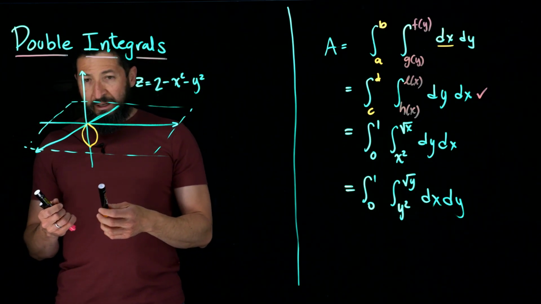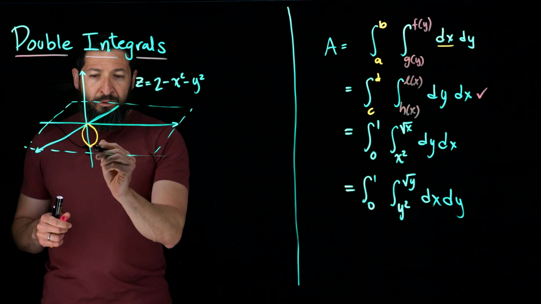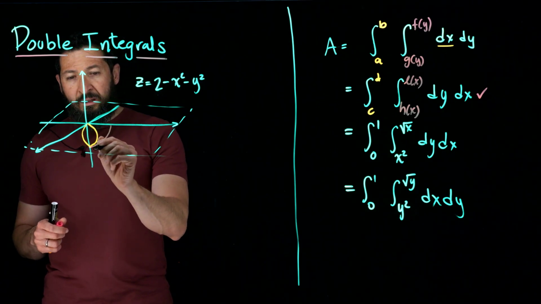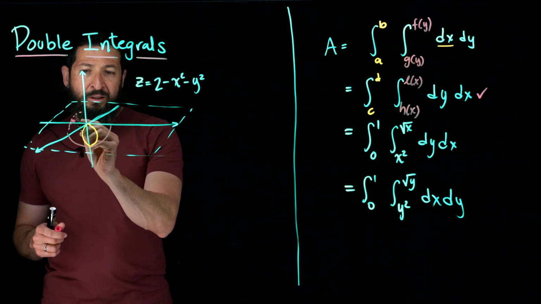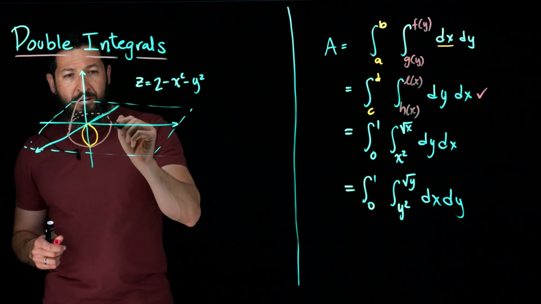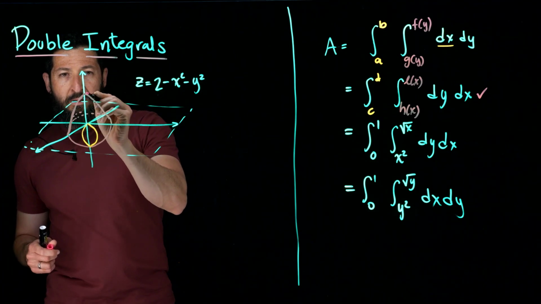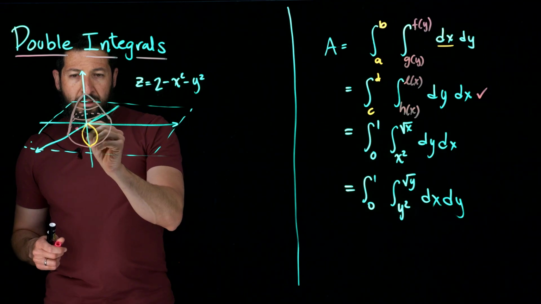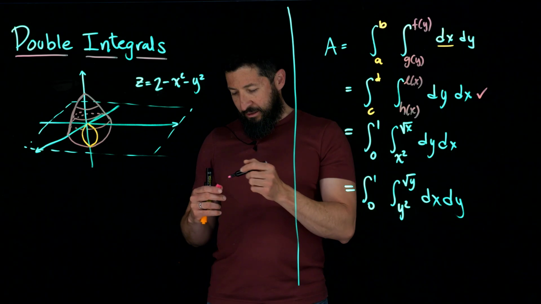Because that graph, and I'm going to try to be judicious with the colors, is going to look somewhat like this. It's going to be a paraboloid that opens down.